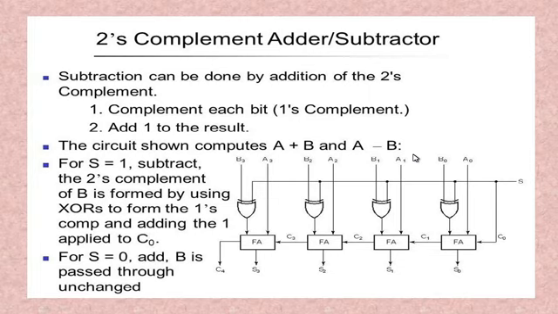That is, if you have to perform A minus B, then you have to find the binary of A and the 2's complement of B. To find the 2's complement of B, you have to find the 1's complement and then add 1 to it. Then and then you will get the 2's complement. Then you can add step 1 with step 2, and by adding step 1 and step 2 you can predict the result of subtraction. Okay. This is the procedure of 2's complement subtraction.